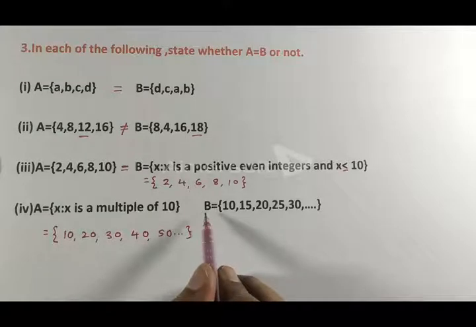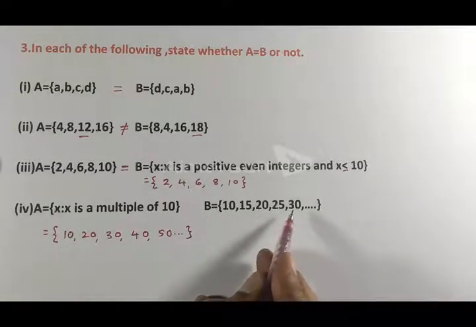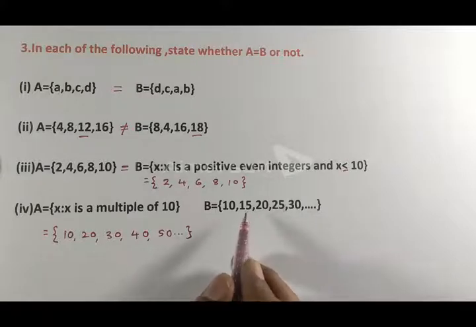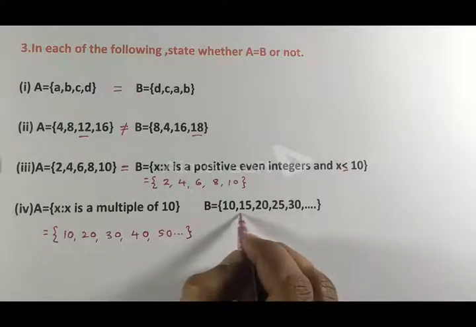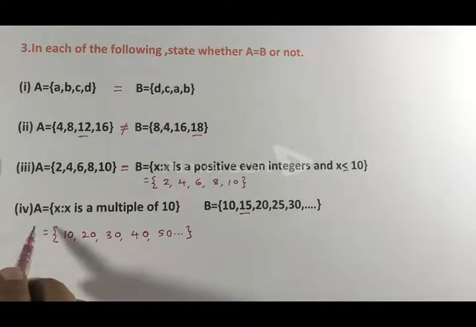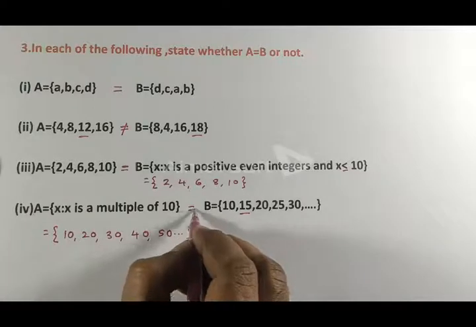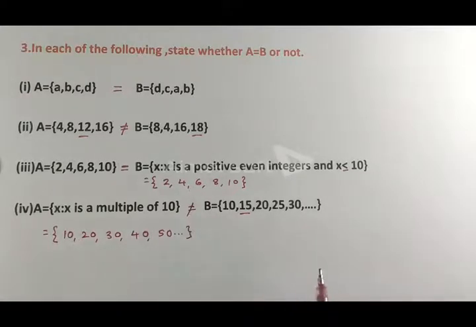The set B contains the elements 10, 15, 20, 25, 30. You can easily say that the element 15 is not present in the set A. So you can write A is not equal to B.